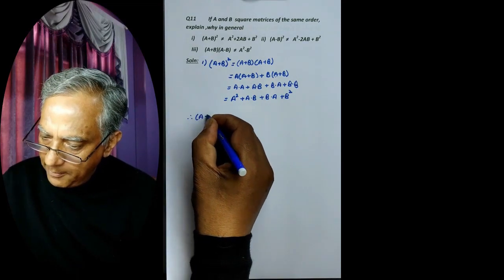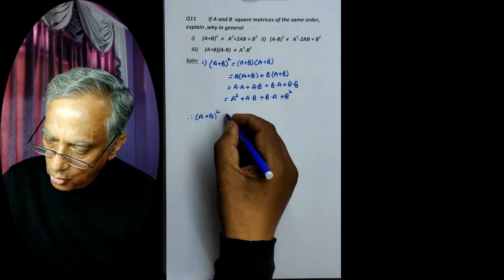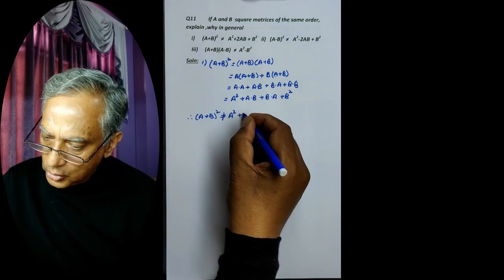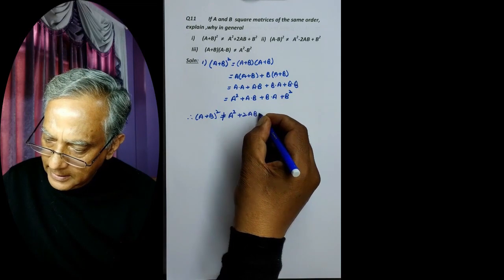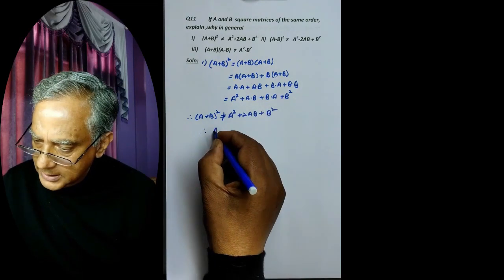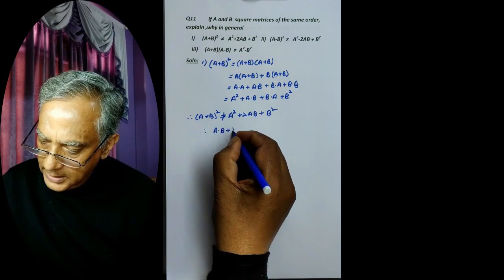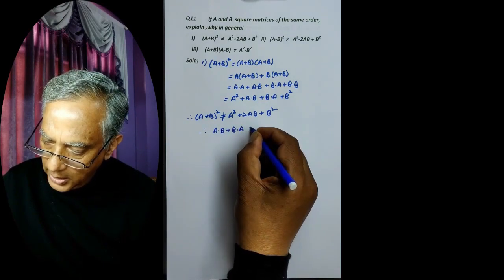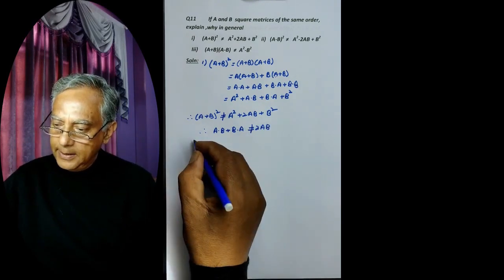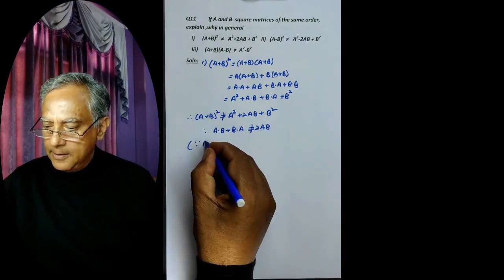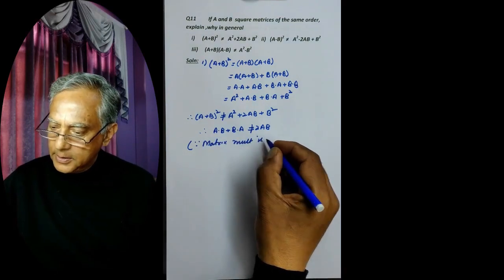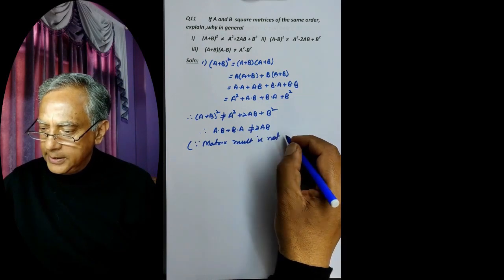Therefore A plus B whole square is not equal to A square plus 2AB plus B square, because A into B plus B into A is not equal to 2AB, because matrix multiplication is not commutative.